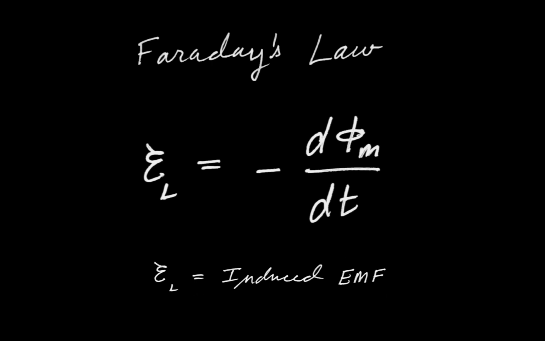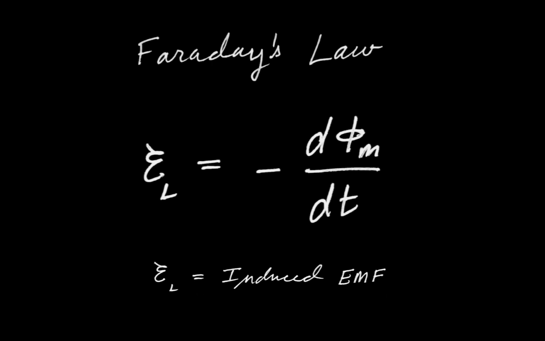It'll turn out from a practical point of view that we won't often use that negative sign to determine the algebraic result, because the negative sign here is more of a concept of the oppositional nature of the induced EMF. Instead, we'll use the rate of change of the magnetic flux to calculate the magnitude of the induced EMF, and you would not be at all surprised to learn that we'll use a new version of the right-hand rule to determine the direction of the induced EMF. That is, whether it goes, say, clockwise or counterclockwise from a certain point of view.